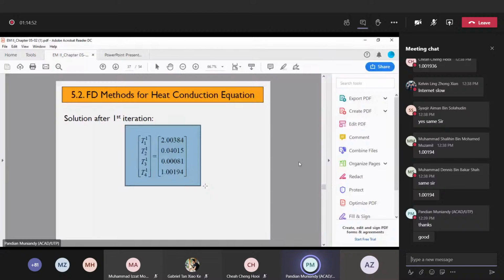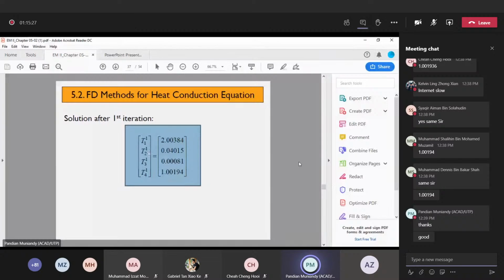For the heat conduction equation, we develop a system of algebraic linear equations, and we solve it using the Gauss-Seidel method. Gauss and Seidel are the two people who invented the method.